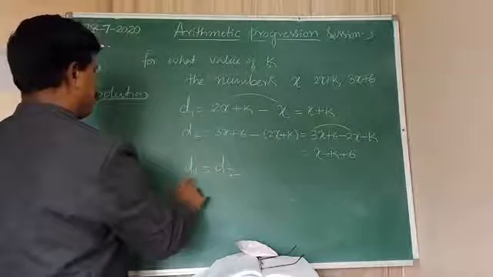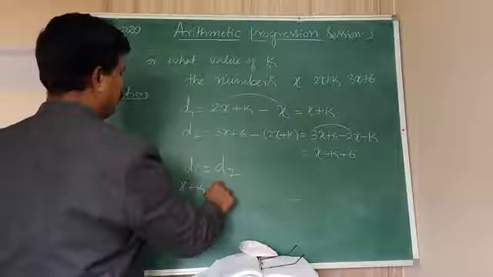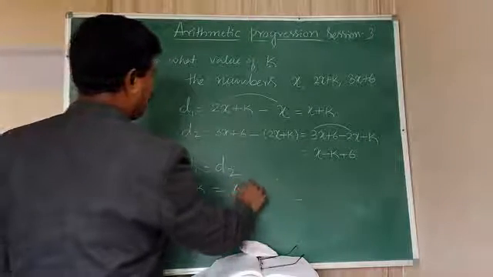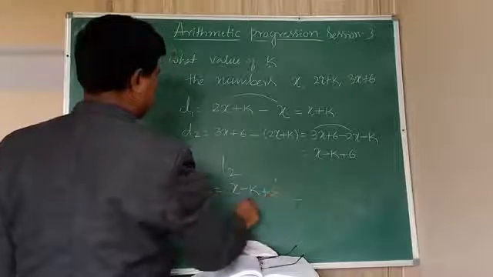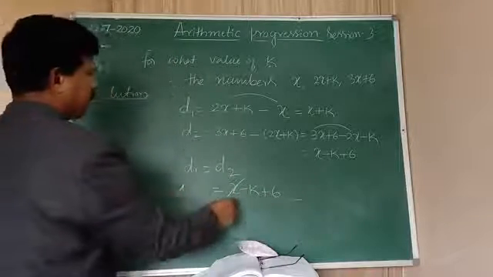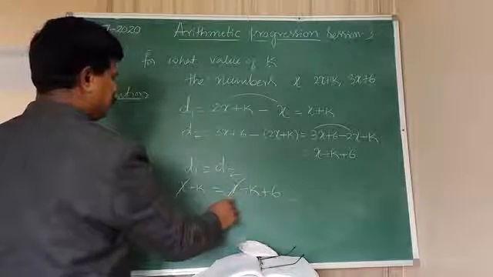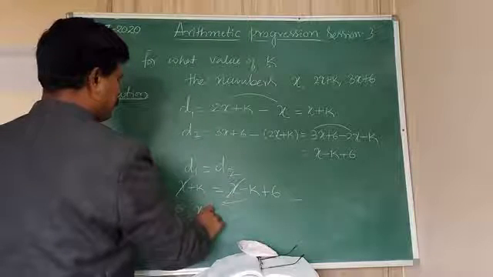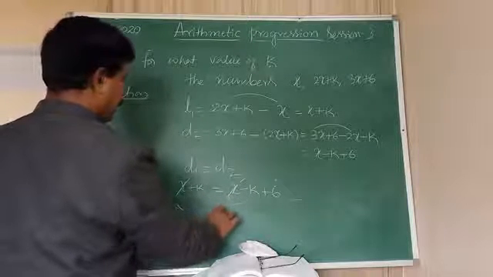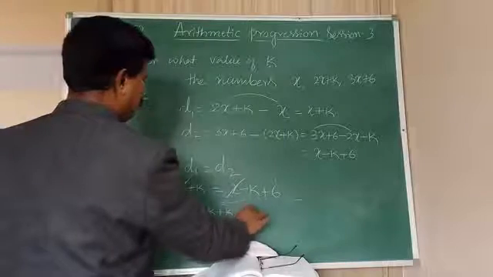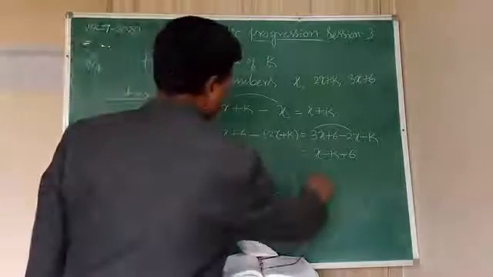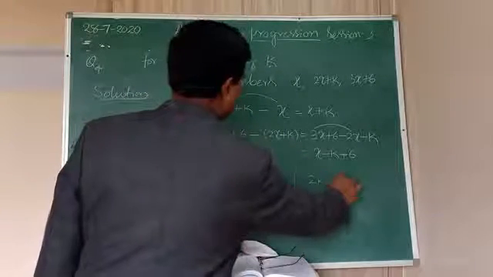D1, x plus k, is equal to x minus k plus 6. Here x gets cancelled. Here minus k, when it comes to this side, it becomes plus k, so k plus k is equal to 6. Then 2k is equal to 6.